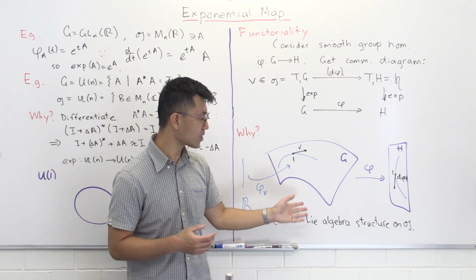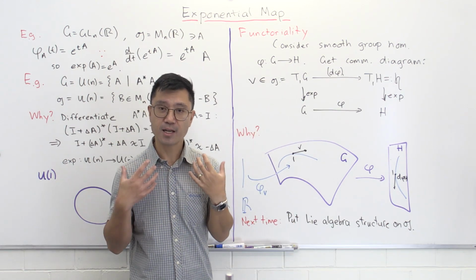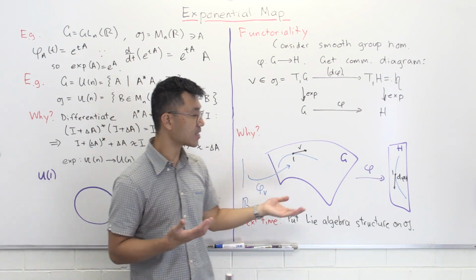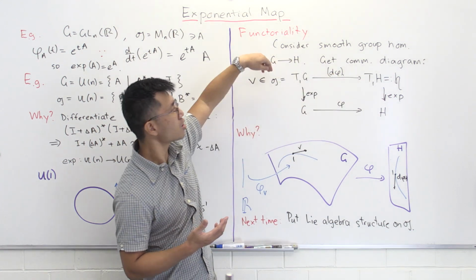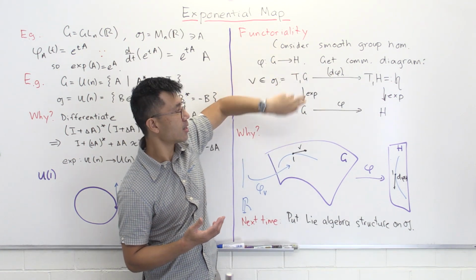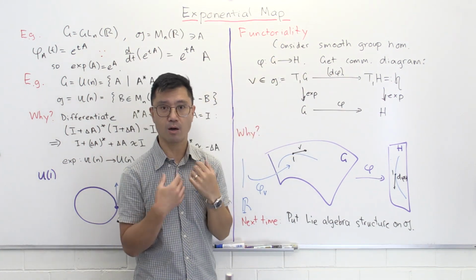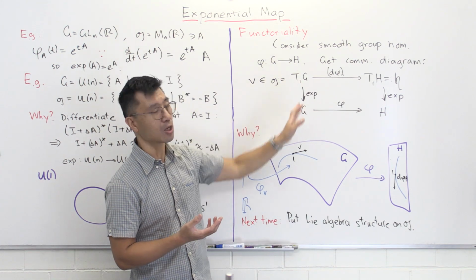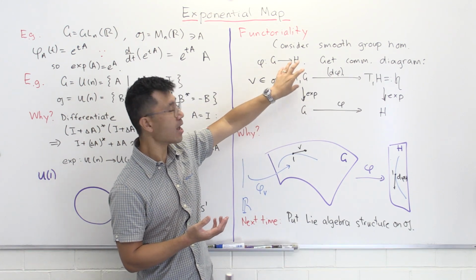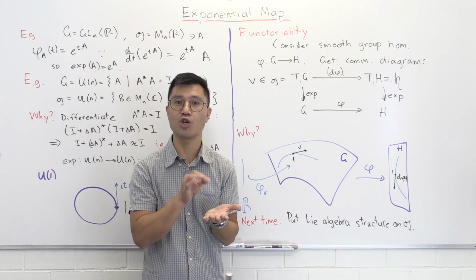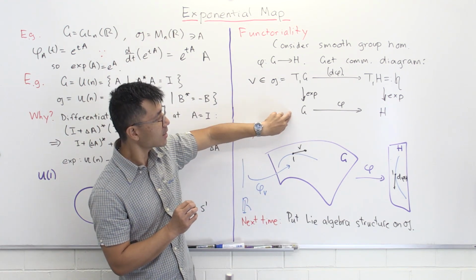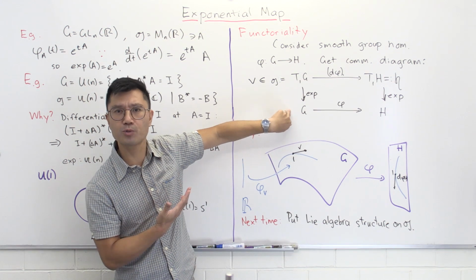Okay, so there's a lot more to the story, and in fact in the next video what I want to show is there's extra structure on this tangent space. So this tangent space here to 1 at a Lie group is called the Lie algebra of G, and of course you know that this tangent space captures the infinitesimal information about the geometry. But what it hasn't captured so far is what about the group structure on G?